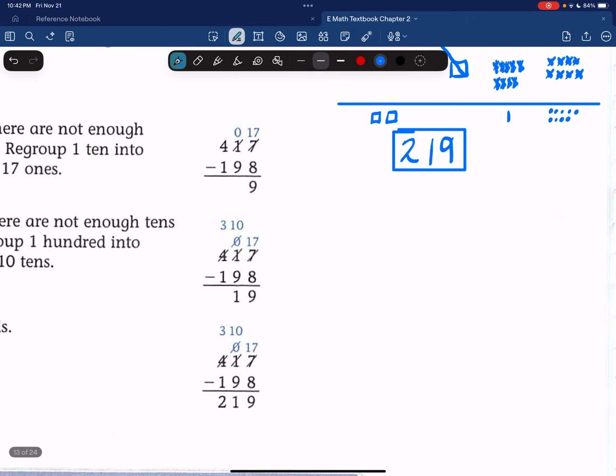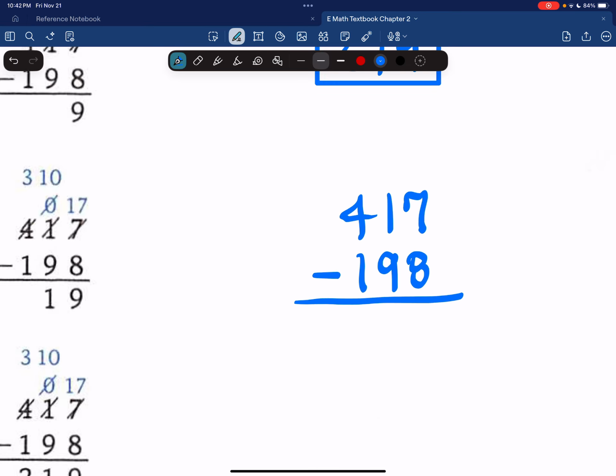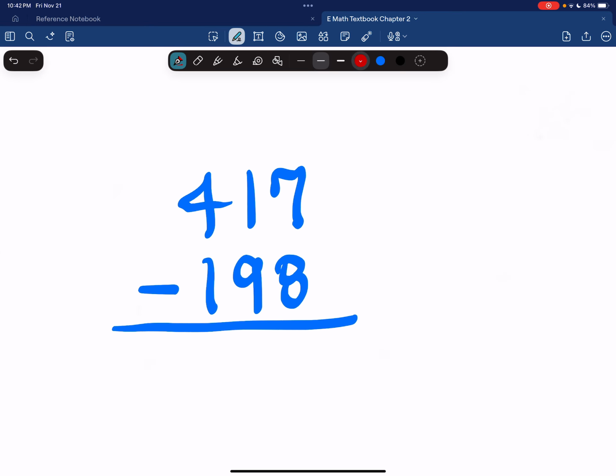Using the place value method or the algorithm method, you line up your place values, and then you have to think carefully. I cannot take an 8 from a 7, so I'm going to borrow this one and give it to this one. 17 minus 8 is 9.